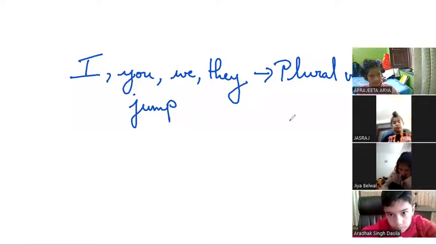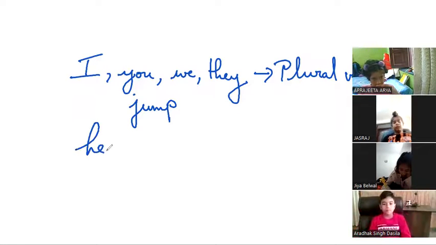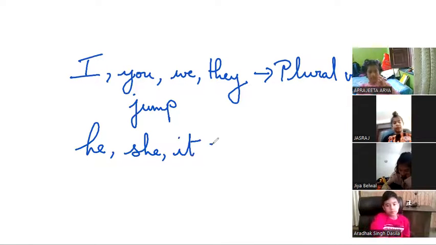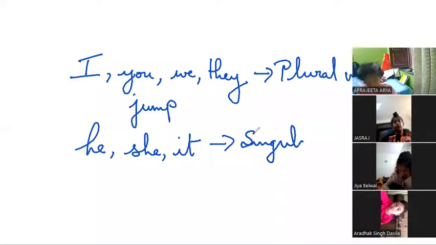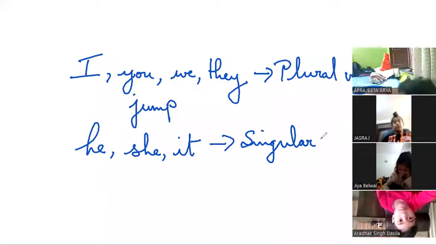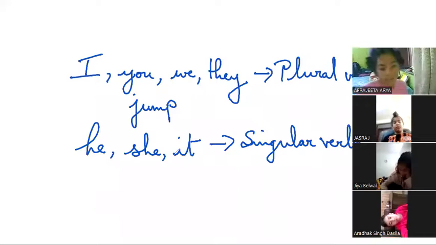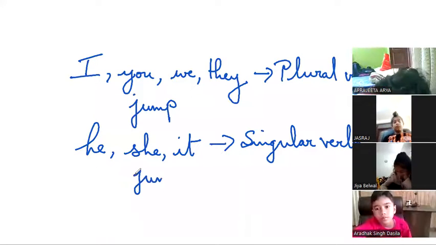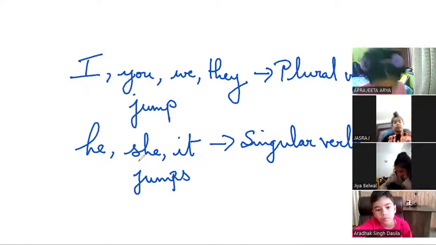All these pronouns will take plural verbs. When I talk about he, she, it, they will all take singular verbs. So jumps. It jumps, she jumps, he jumps.